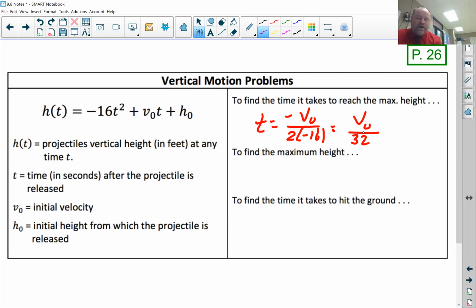The maximum height, we would take that answer and plug it into our equation. That would give us the maximum height. And now we have this new piece, find the time it takes to hit the ground. Well, we're going to use the quadratic formula for that.